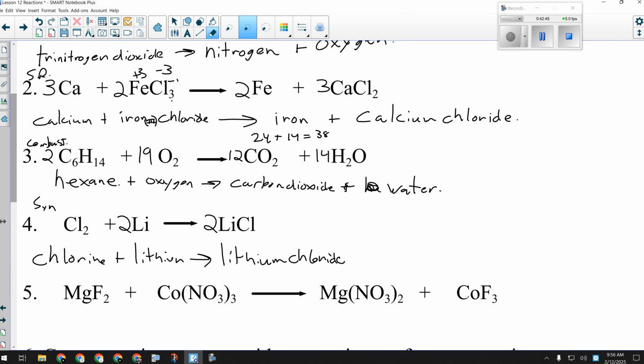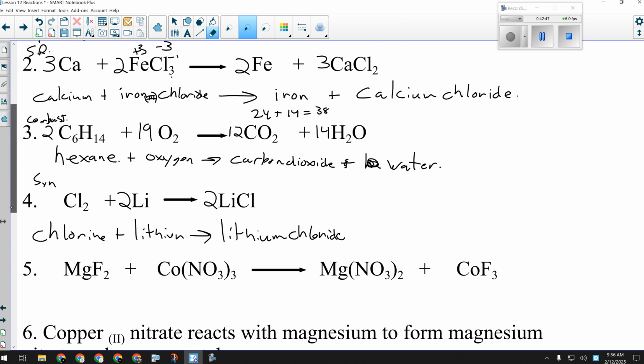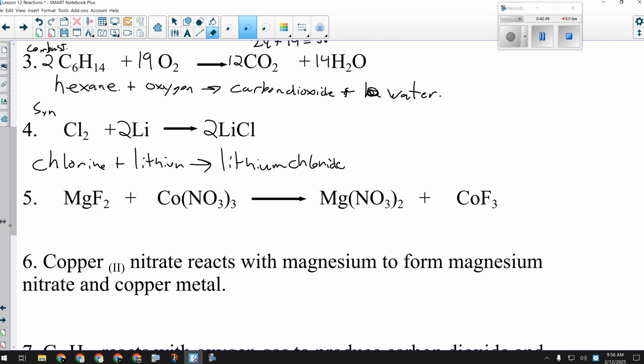Okay, now this one here is a little bit trickier. What kind of reaction is it? I hear people whispering, yeah, double replacement. It's 2 ionic compounds, okay? So DR. All right, if I'm balancing that, biggest number is 3. Okay, there's a 3 on nitrate and there's a 3 on fluorine, but they both have the same charge.